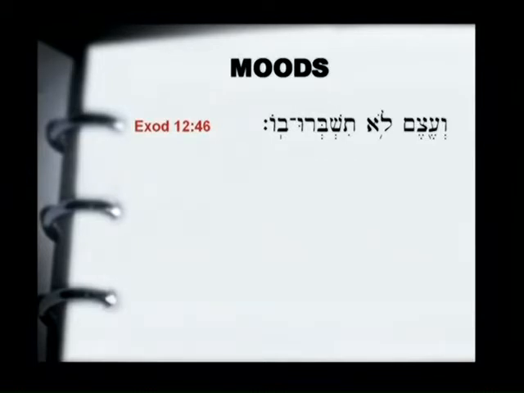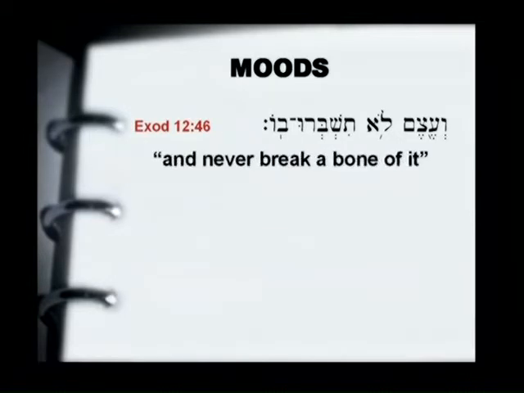Okay, bone. And a bone, lo tishbaru vo. What does shavar mean? Break. So it's saying a bone you shall not break in it. The idea is never break a bone of it.